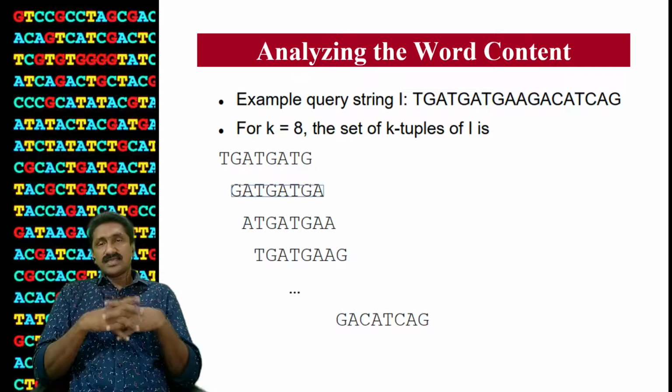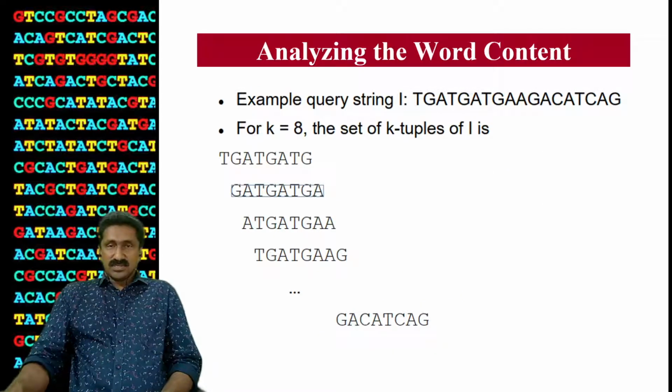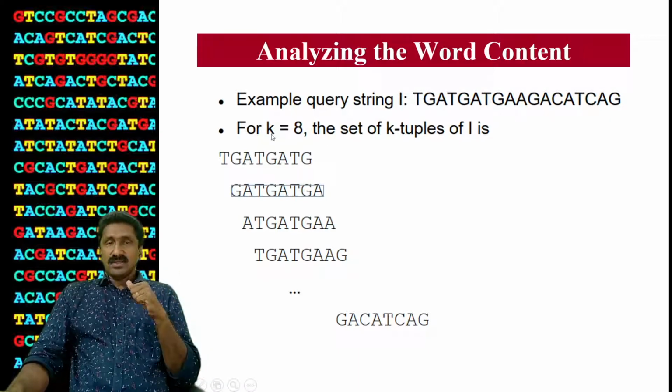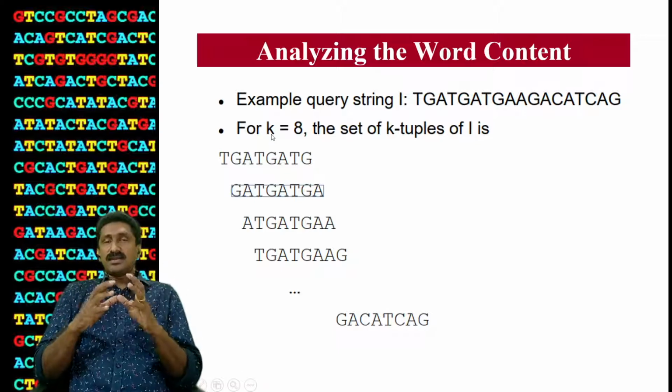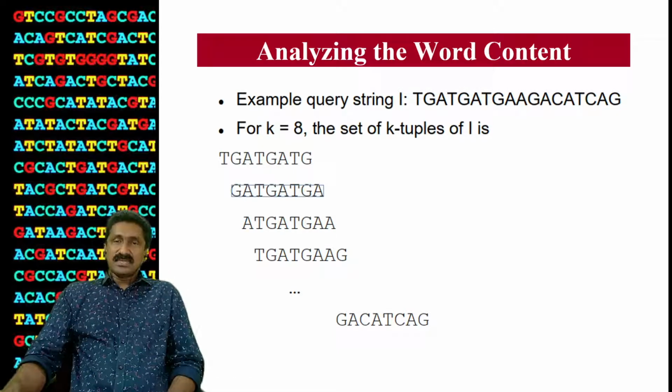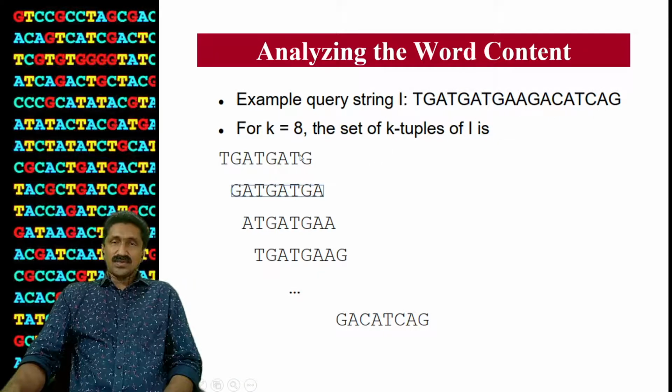So you see the example of this query string which is shown here. How you generate a keyword. For example, the length of the keyword k can be assigned as 8. So if you are generating words of length 8 from this query sequence, then a set of k tuples can be generated.